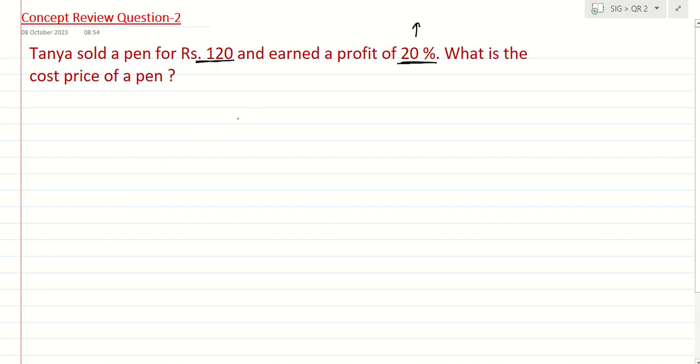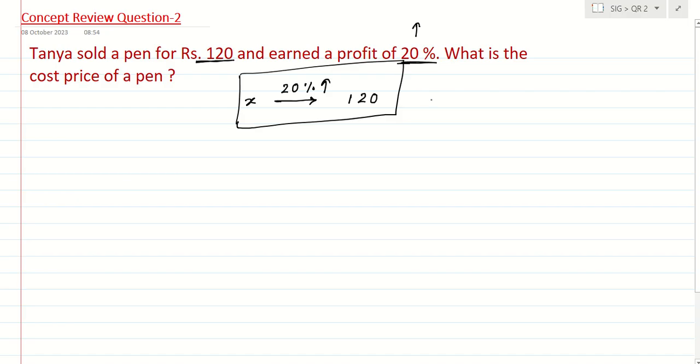What is the cost price of the pen? That's all. So the original value I do not know. I know the increment is given, 20% increment. I have the final value 120. Correct, no? Yes. Okay, I can use the methodical approach, the multiplying factor concept.